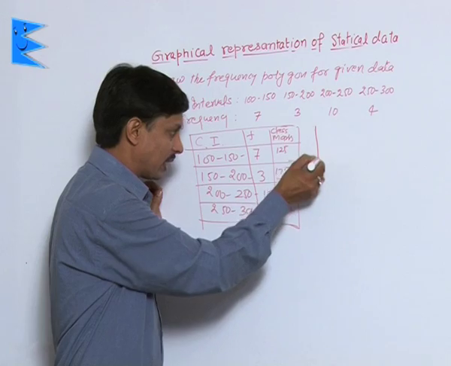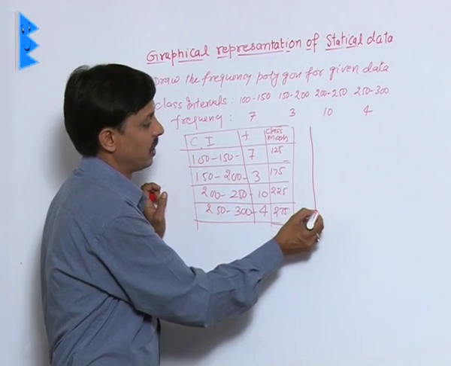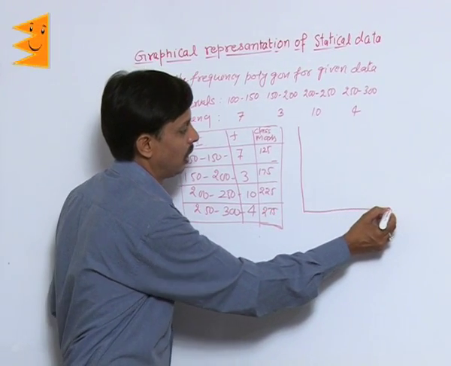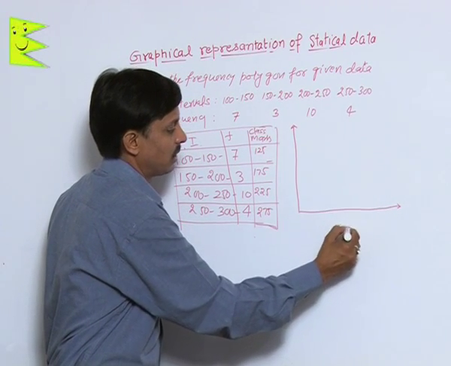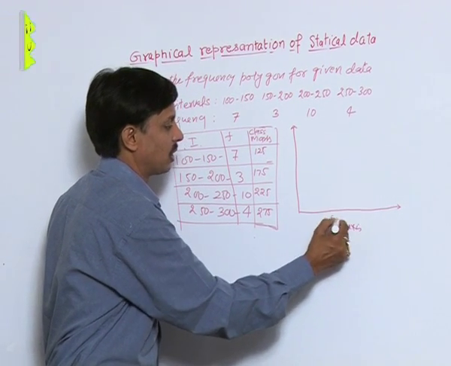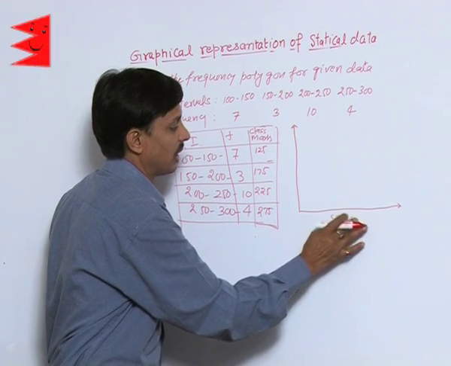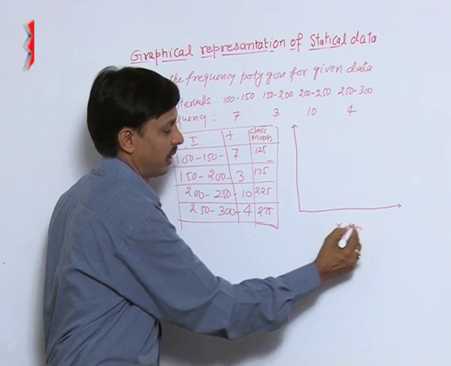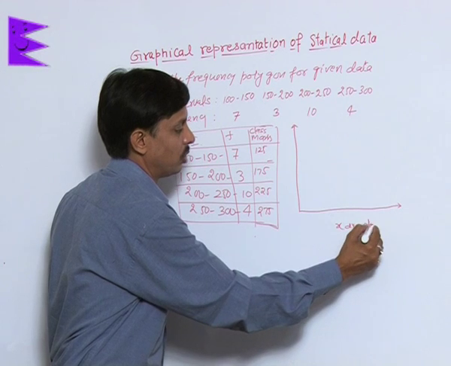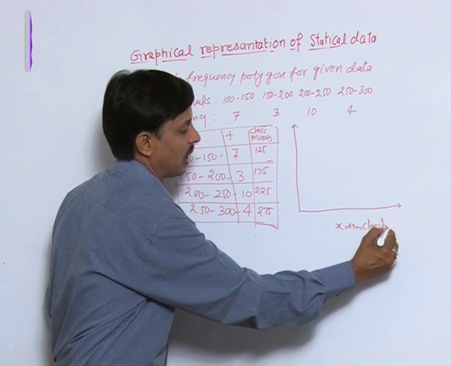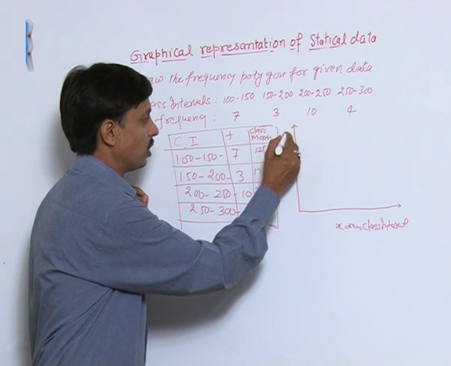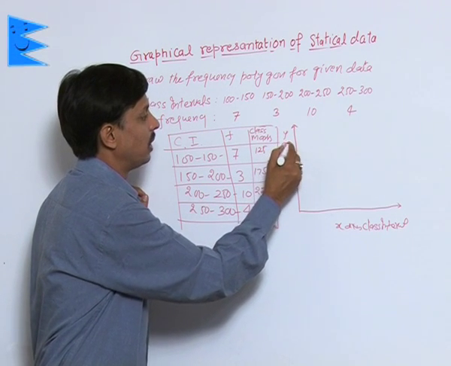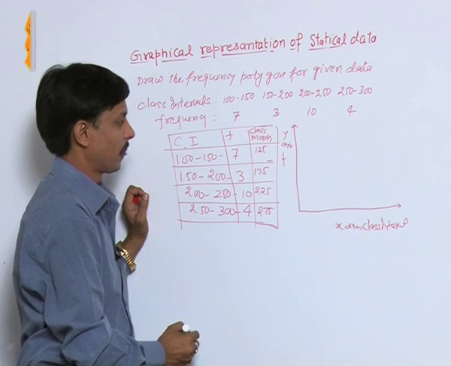Suppose this is the vertical y-axis where frequencies will be shown, and this is the x-axis where observations, or you can say class intervals, are marked.